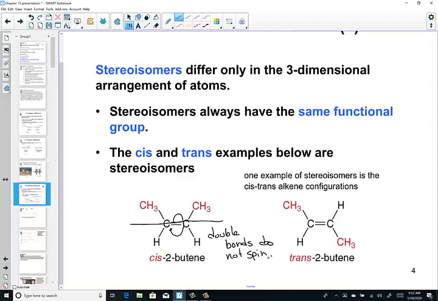So when I want to make a cis turn into a trans, I literally have to break that bond. I would have to convert those into the trans by bond breaking, not by bond spinning, because a double bond is rigid. It just can't rotate. These cis and trans are in fixed positions.